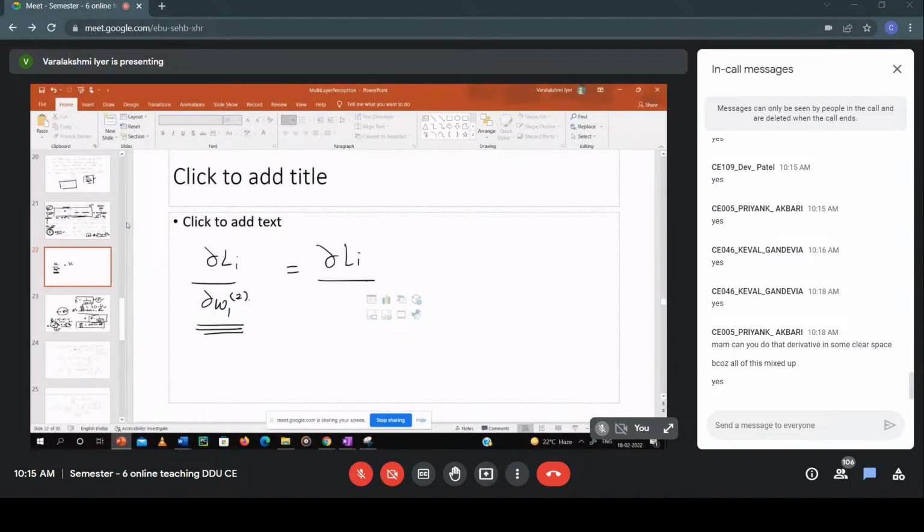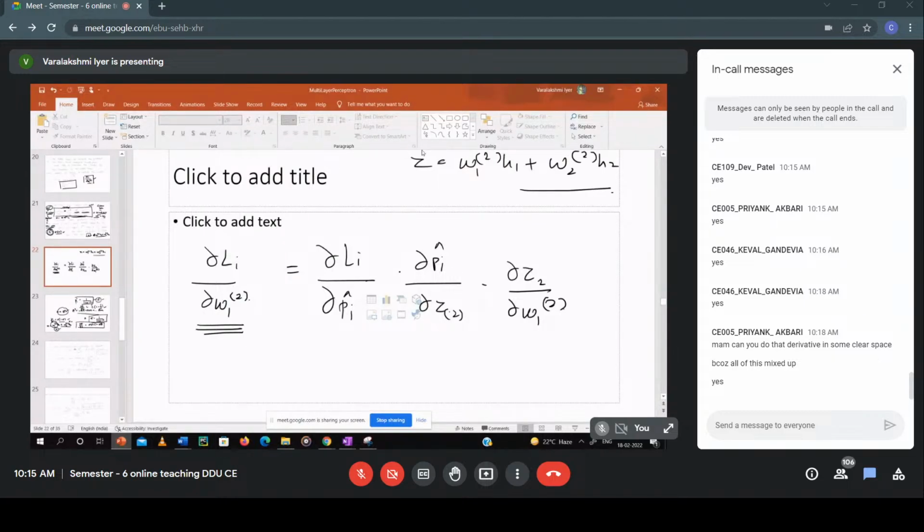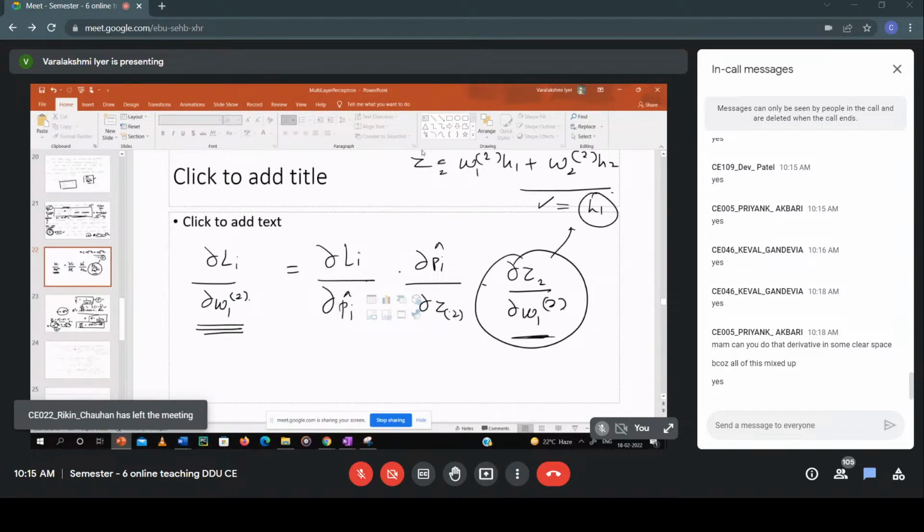Li is directly influenced by Yi hat, Yi hat is directly influenced by Z2, and Z2 is influenced by W12, where Z2 equals W12 into H1 plus W22 into H2. So if you directly calculate del Z2 upon del W12, it will be equal to H1. Yes or no? This derivation is clear, right?